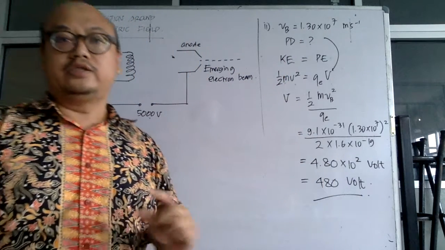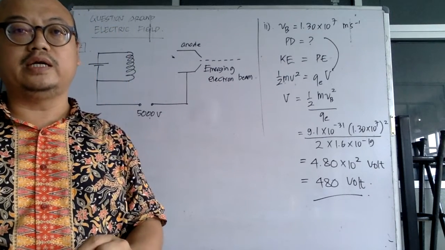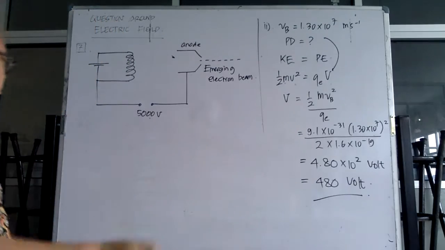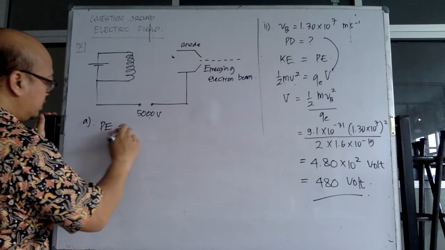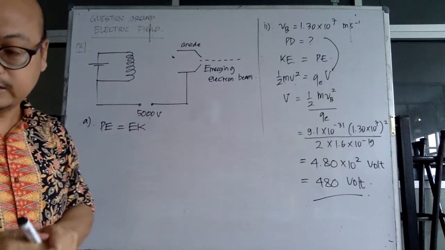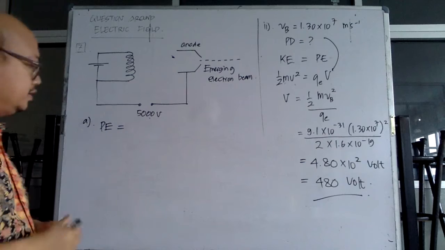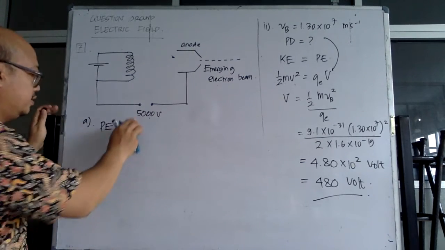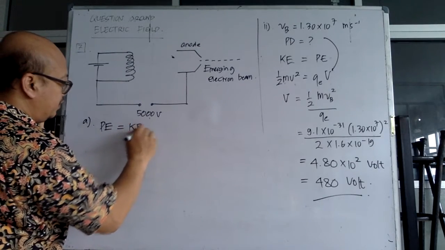This is actually about the change of potential energy into kinetic energy. Question A. This is the potential energy change into kinetic energy of the electron.